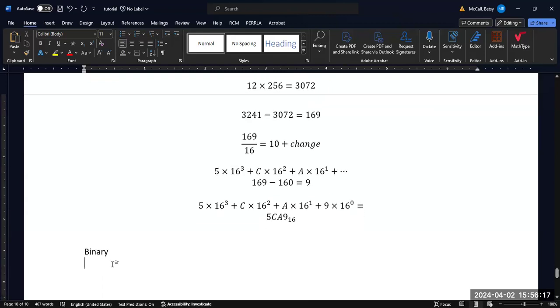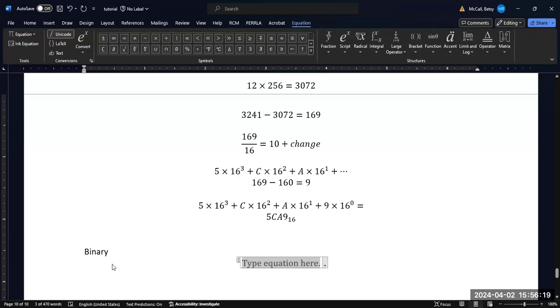And we saw with our binary example that 2 to the 10 was 1,024. So we'll start there. 2 to the 11 is 2,048. 2 to the 12th is 4,096.